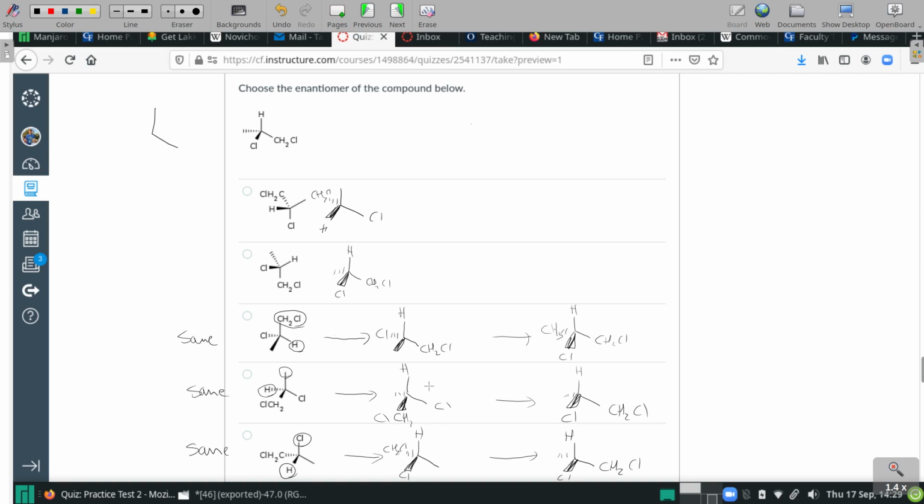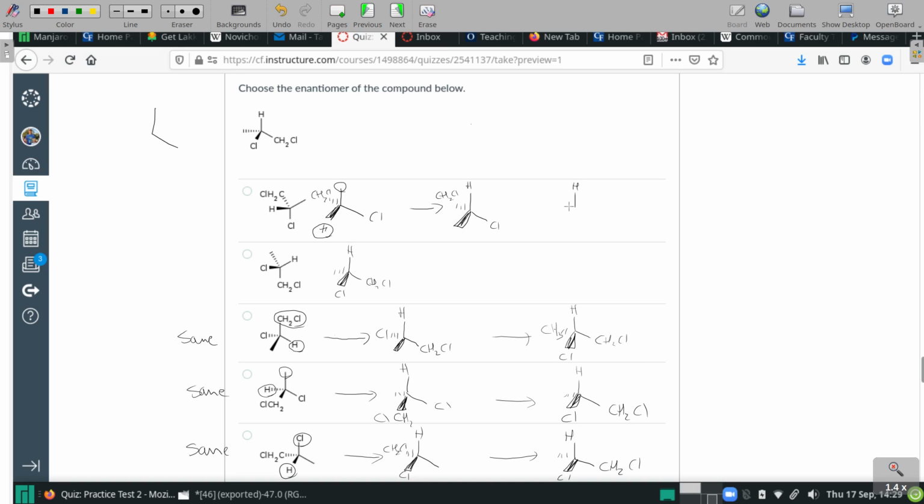Alright, and we're going to kind of do what we did here. So the very first swap I'm going to do is to put the H at the top. That puts this as a methyl. That becomes the chlorine. This stays the CH2Cl. I need to put the methyl in the back.